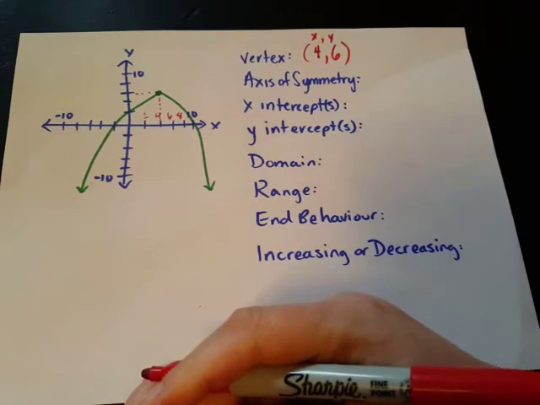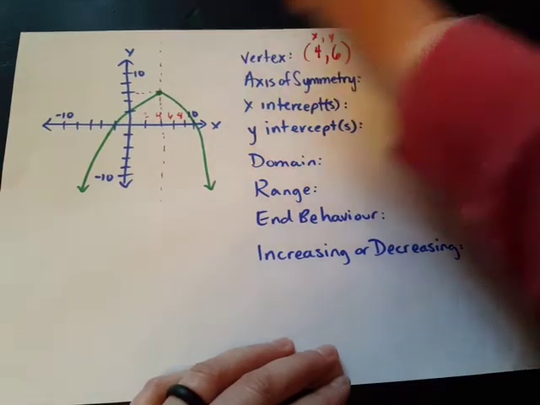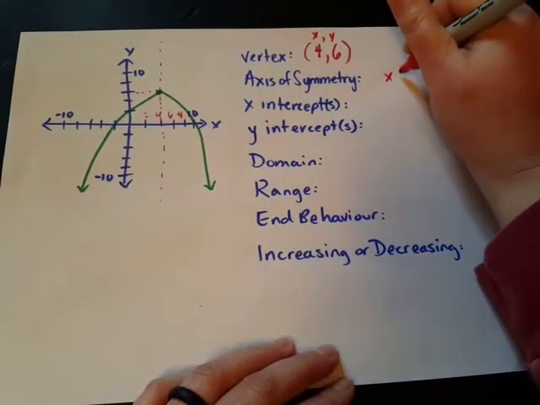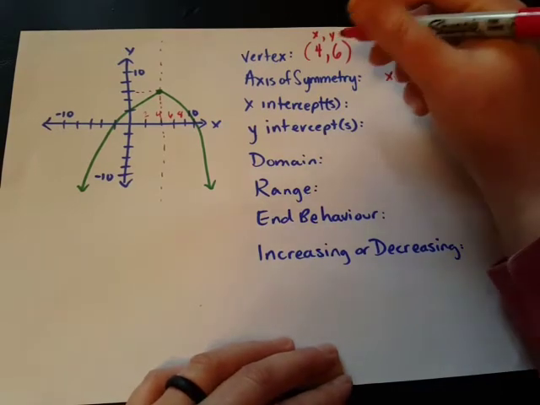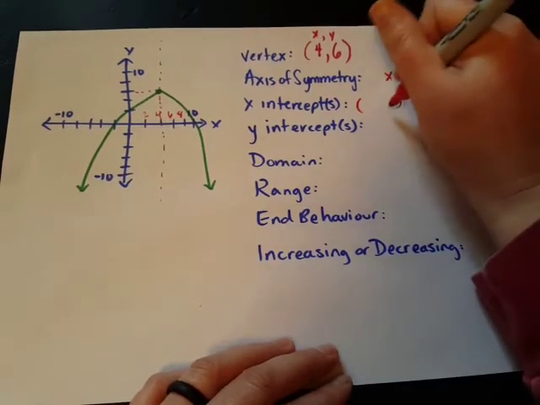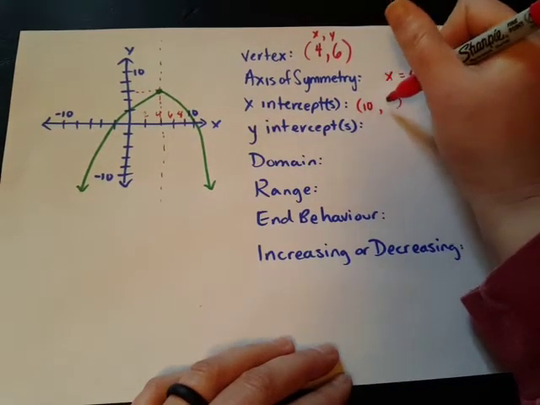The axis of symmetry is going to be the x value of the vertex. So x will be equal to 4. Any x-intercepts we want to show as points. So we see it crossing here when x is 10 and y is 0.